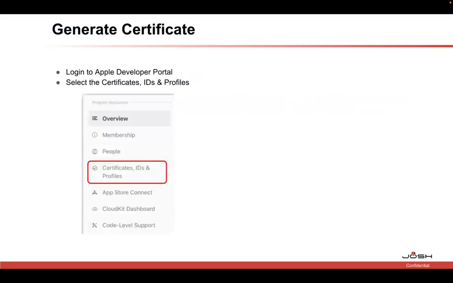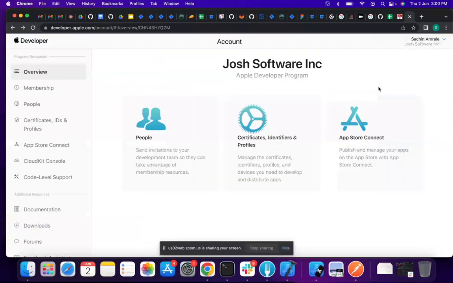For that, you have to log in on the developer portal. Let me open the developer portal. Yes, this is the developer portal. Here you have to click on Certificates, Identifiers and Profiles. There are two ways, either on the left panel or the center one, so you can click on any of them.